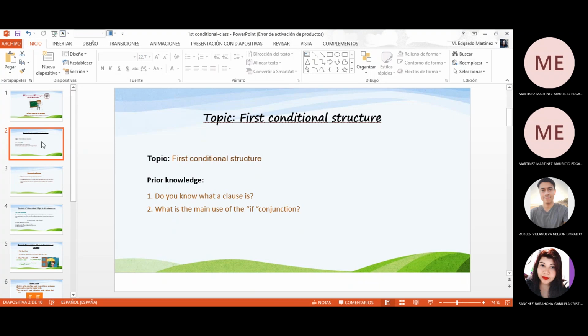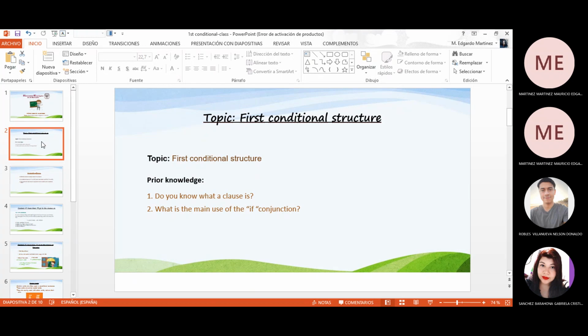The next question is, what is the main use of the if conjunction? Do you know how we use this word? It could be to talk about possible things. Yes, that's true.